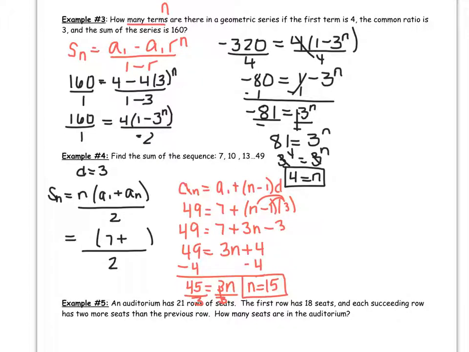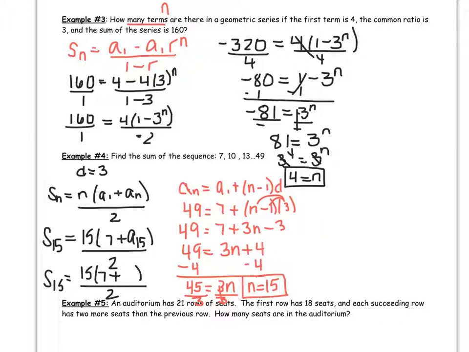So that means I want to find the sum of the first 15 terms. So 15 is here, and the next piece that I would need to finish the formula is a sub 15. So the sum of the first 15 terms is 15, 7 plus the 15th term over 2.